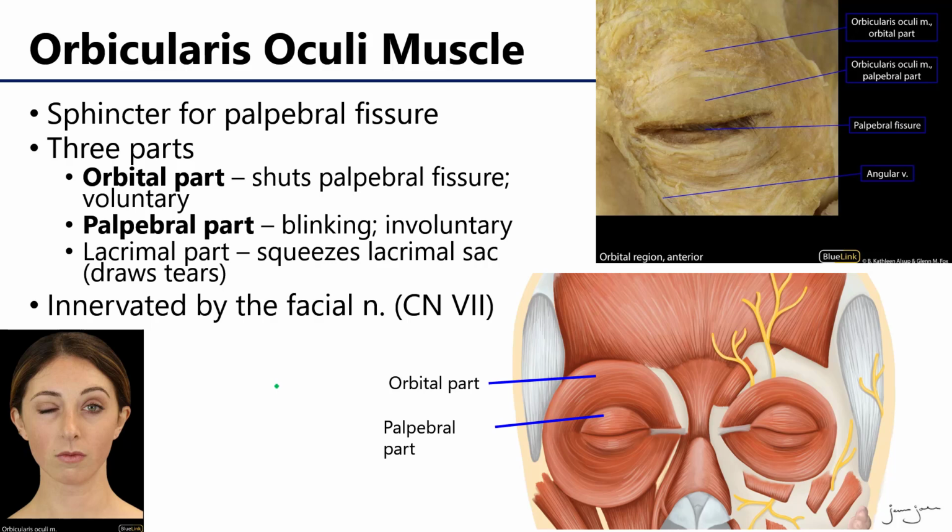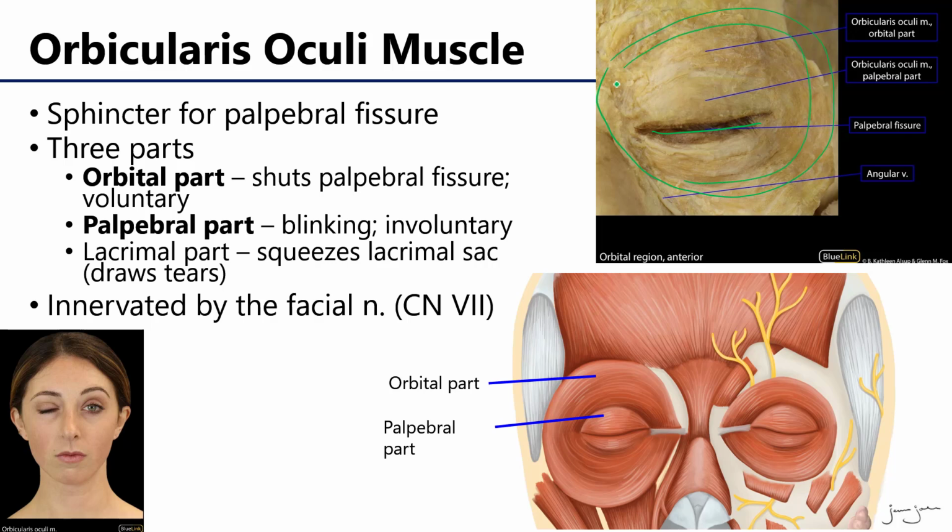So sandwiched between the skin and the conjunctiva, and just superficial to the tarsofascial layer, is the palpebral part of orbicularis oculi. Recall that orbicularis oculi is really, in its most basic form, a sphincter for the palpebral fissure, the opening through which we see the world. There's an orbital part.